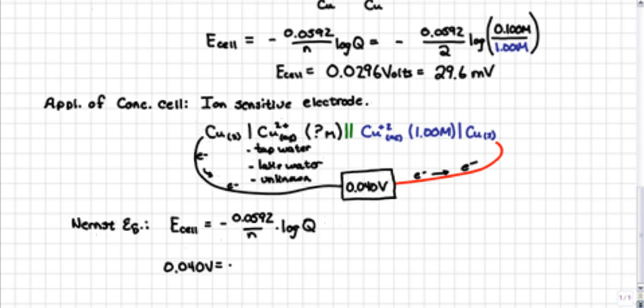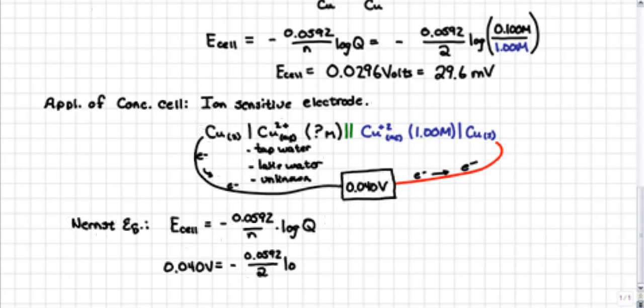That was simply the cell potential as measured from the voltmeter. We also know that in this case, as it is copper that we're working with, the value of n is actually equal to 2. Good?